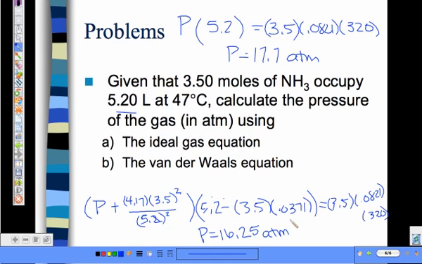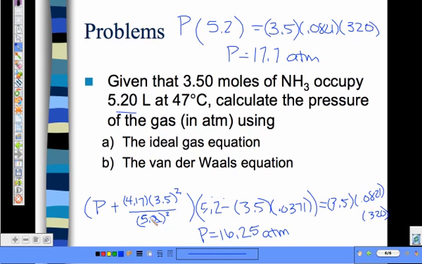If anything, you could just go through, find this whole part, write that number up here, find this whole part, write it up here, and this whole part, and then you take the right side, divide it by this part right here, and then subtract this part. You should get 16.25, which makes sense because the pressure is supposed to go down for real gases.